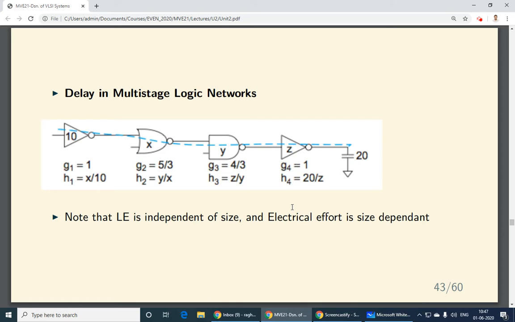In most digital circuits there will never be one gate. That's just a toy example that we can look at for calculating logical effort G. But generally, any circuit will be a series of gates, which is also called a path, which is what we have in the blue line.